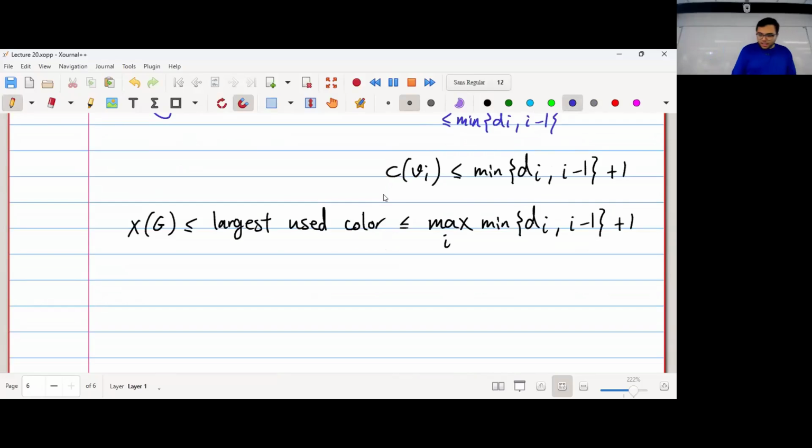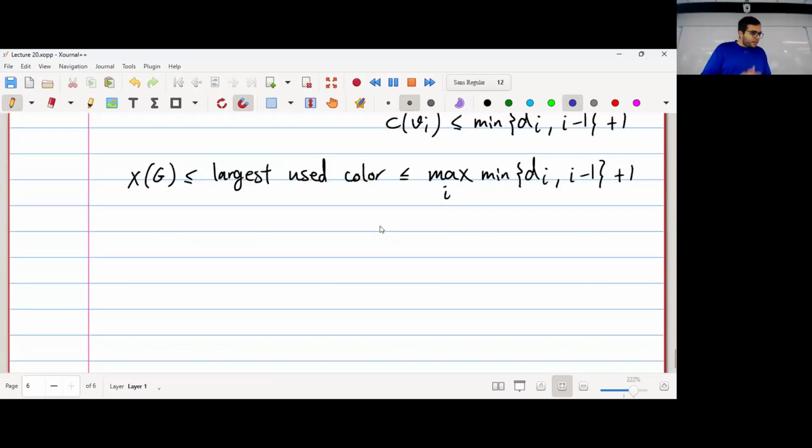We're going to see another coloring theorem. So let's say that I have two graphs. I want to define what we call the Cartesian product of two graphs. So let G and H be graphs.